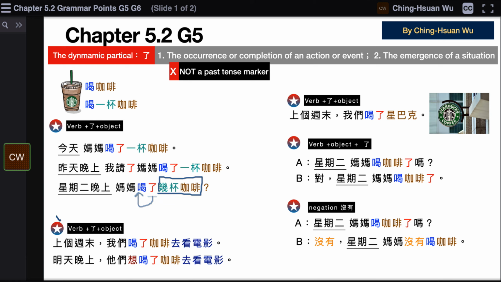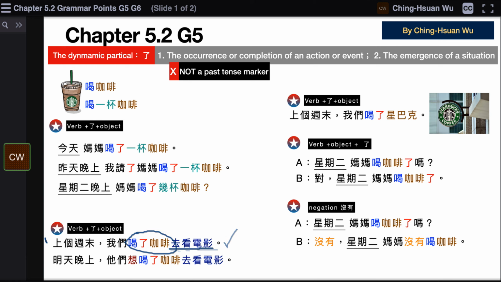Next, 上个周末我们喝了咖啡去看电影. Last weekend, we drank coffee, went to watch a movie. This sentence means last weekend, after we drank coffee, we went to watch a movie.